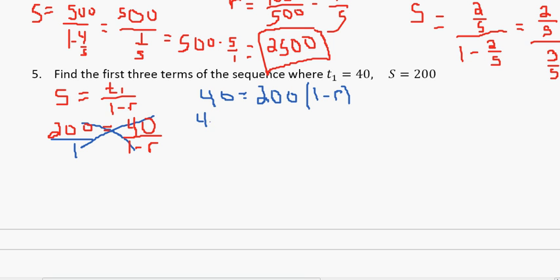Okay, so you can go ahead and distribute your 200. So 40 equals 200 minus 200r. Subtract the 200 over to the other side to get negative 160 equals negative 200r.